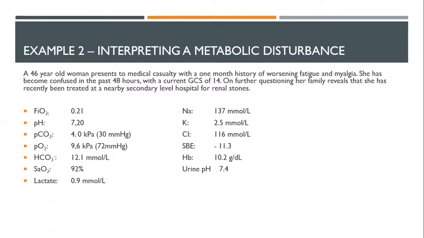Her PCO2 is low normal, PO2 is fine, it's acceptable. Bicarb is 12.1, lactate is normal, potassium is low, chloride is 116, standard base excess is minus 11.3, and you're given a urinary pH.